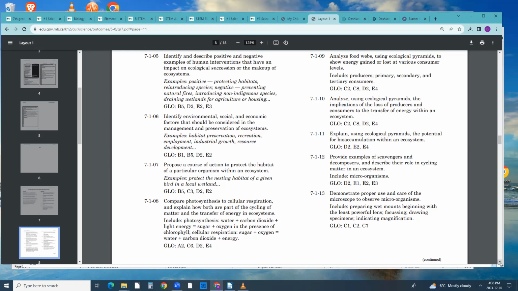Analyze food webs using ecological pyramids to show energy gained or lost at various consumer levels. Include producers, primary, secondary, and tertiary consumers. Analyze, using ecological pyramids, the implications of the loss of producers and consumers to the transfer of energy within an ecosystem. Explain, using ecological pyramids, the potential for bioaccumulation within an ecosystem.